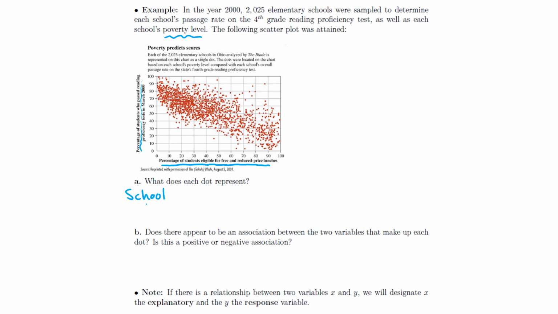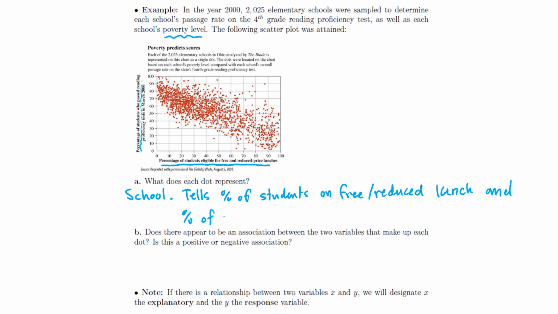Each dot is a school, but it also tells the percent of students on free and reduced lunch, and the percent of students who pass the reading proficiency test.